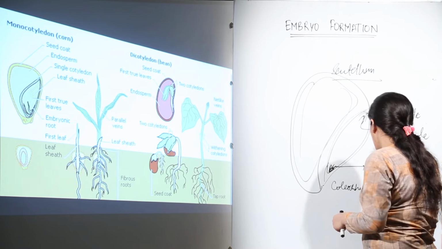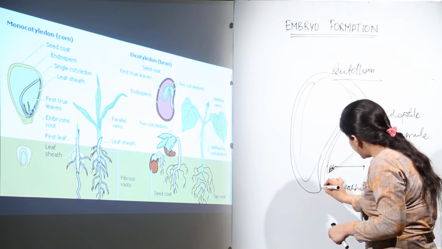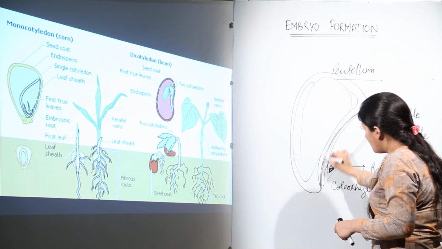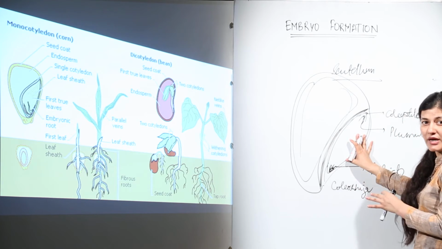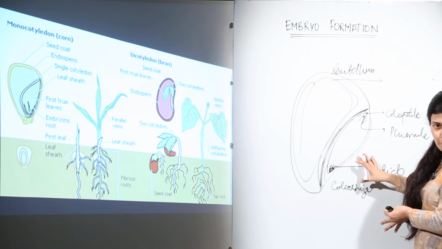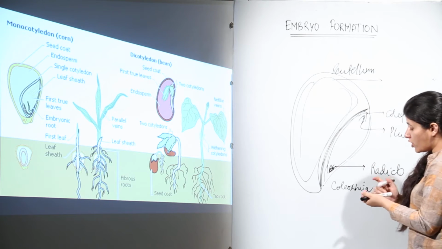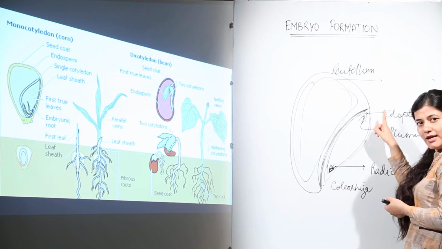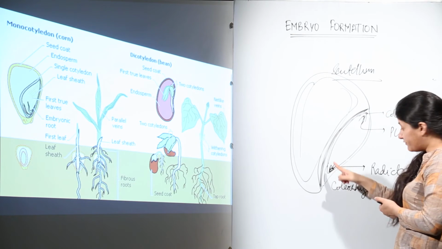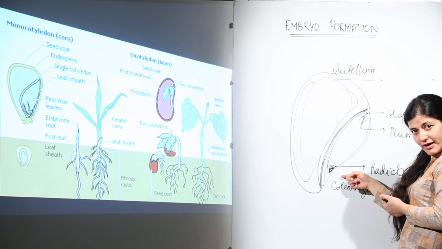So what we are drawing over here are the cotyledon components of a monocot seed. This is basically the monocot embryo. It has a coleoptile and a coleorhiza, a sheet-like covering. This coleorhiza houses the radicle inside it.